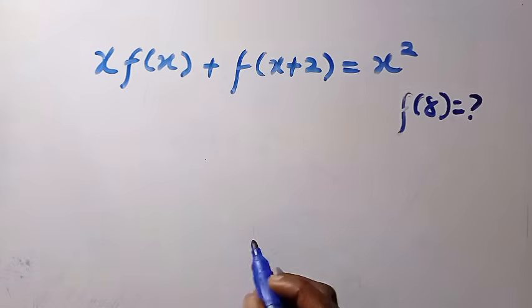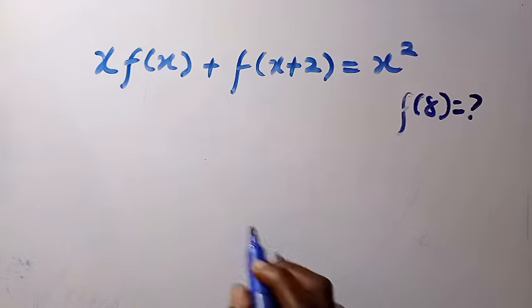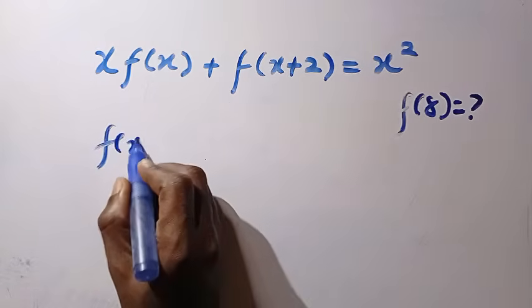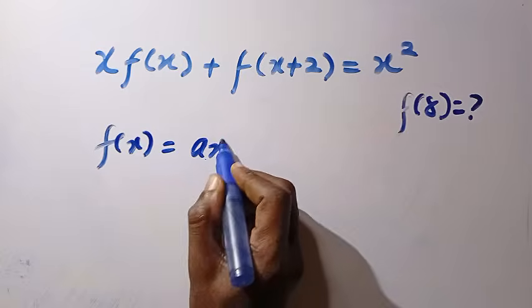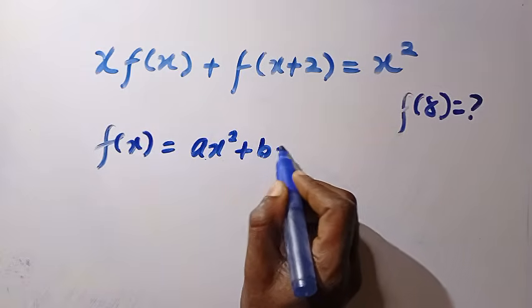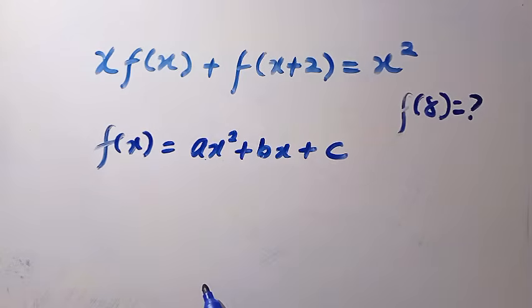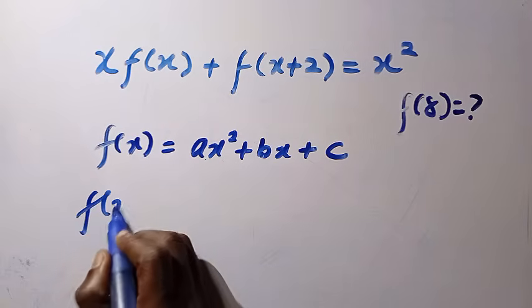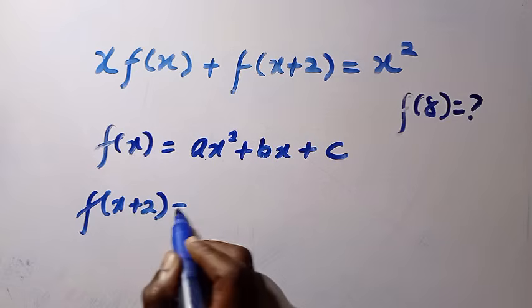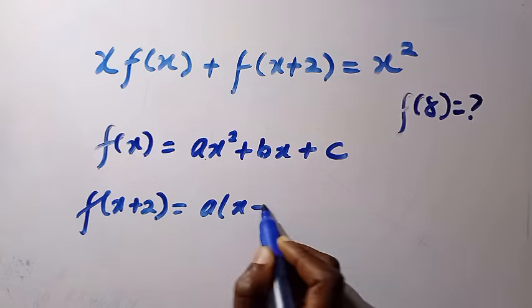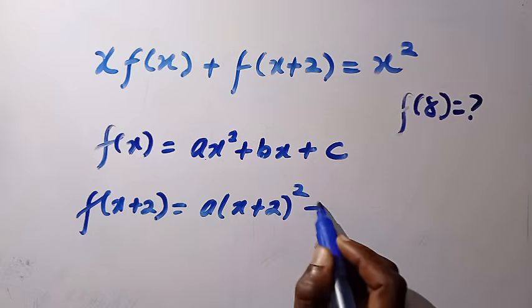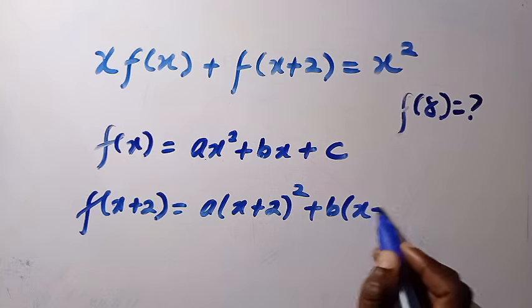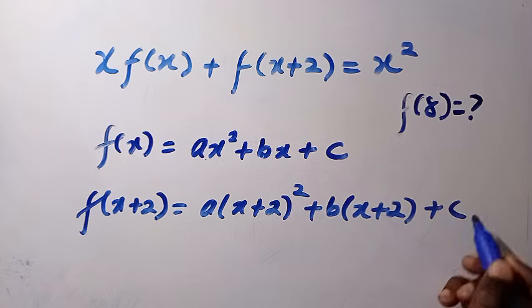Since what we have here is x squared, if I have f(x) equal to ax squared plus bx plus c, again we try for f(x+2), that is a(x+2) squared plus b(x+2), then plus c.